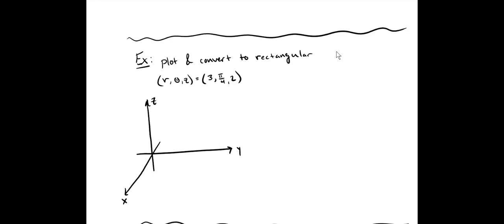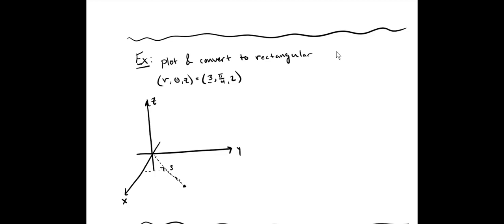So here's our usual coordinate system. We know pi fourths tells us the angle from the positive x-axis measured towards the y-axis, all in the xy plane, that you need to go along to get to your point in the xy plane before going up 2 units in the z. And we know that this 3 tells us how far out from the z-axis to go. We go 3 units.